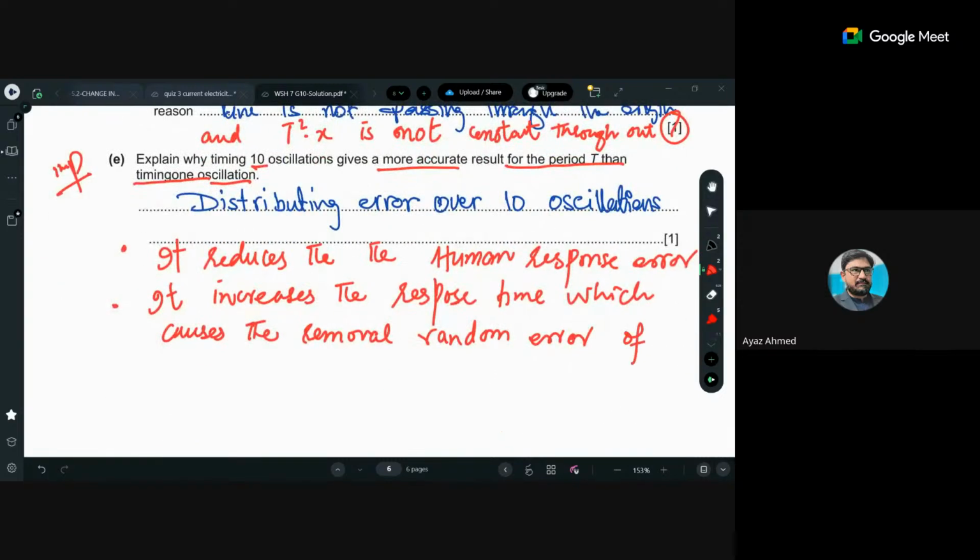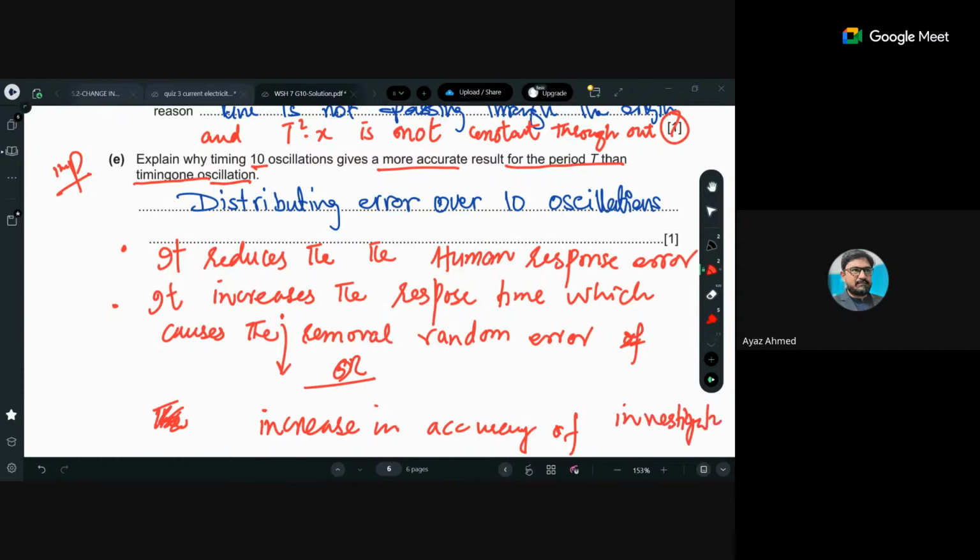You can continue writing from here that it causes the increase in accuracy of time, or accuracy of investigation, you can say. Okay, investigation.